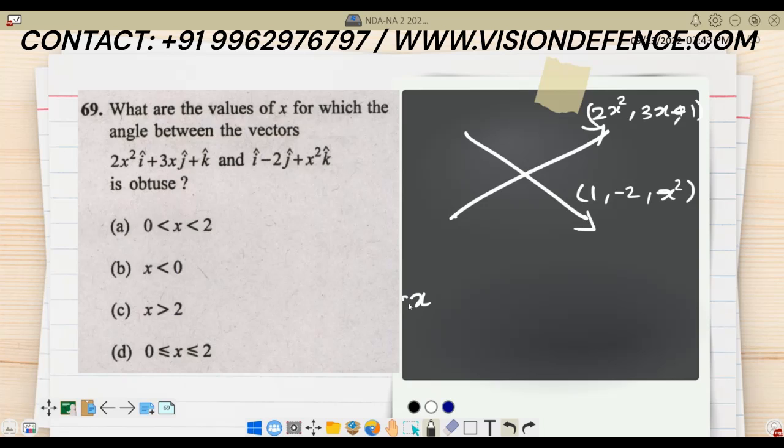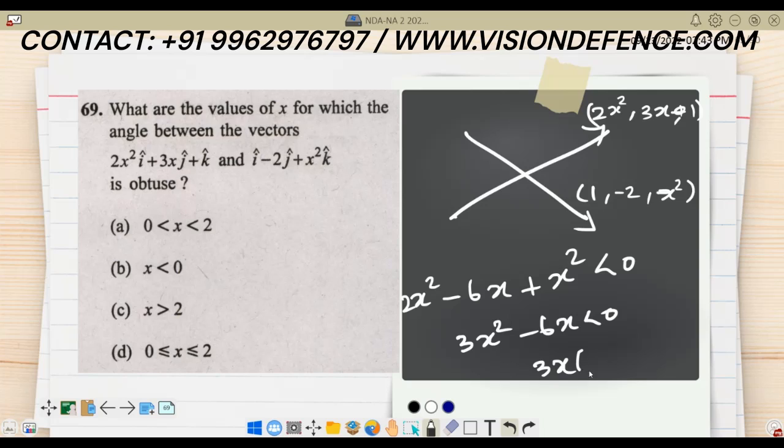For the dot product to be negative: 2x square into 1 is 2x square, minus 6x, plus x square. This should be less than 0. 3x square minus 6x should be less than 0. Let's take 3x common: 3x into x minus 2 should be less than 0. Of course, you can eliminate the 3 because you can take it to the right hand side. So x should be less than 0 and x less than 2?